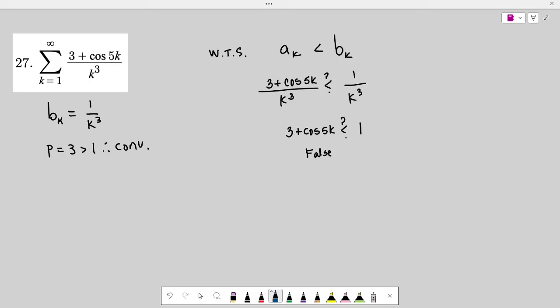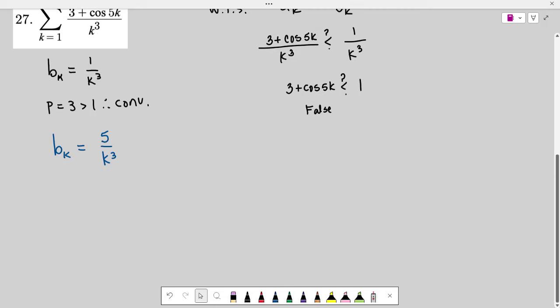If you look at this numerator, the biggest this numerator is 4, correct? Isn't it true that if I choose this b sub k to be, let's say, 5 over k cubed, the sum of b sub k still converges here?